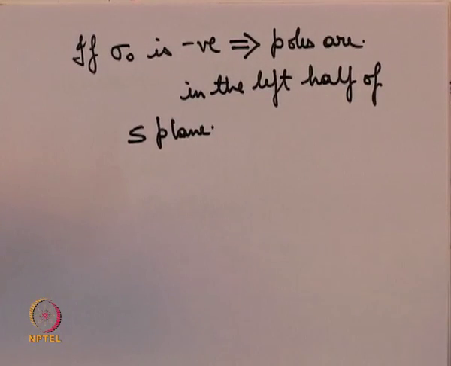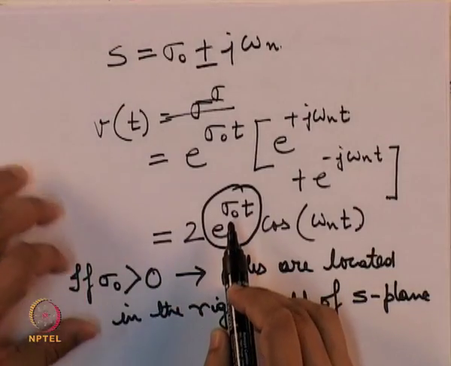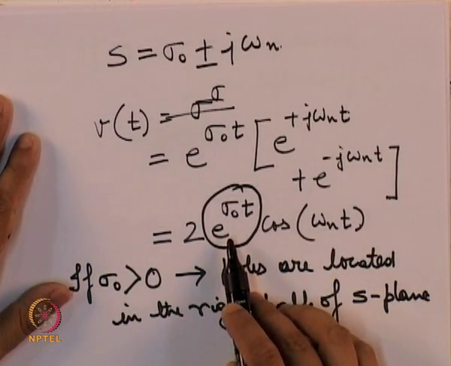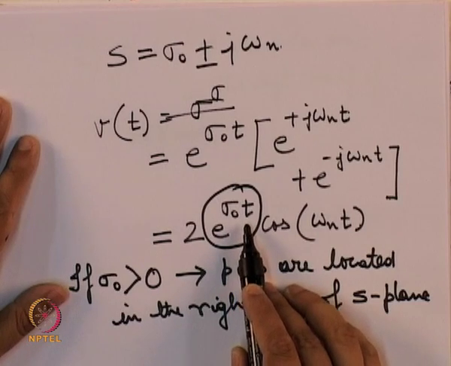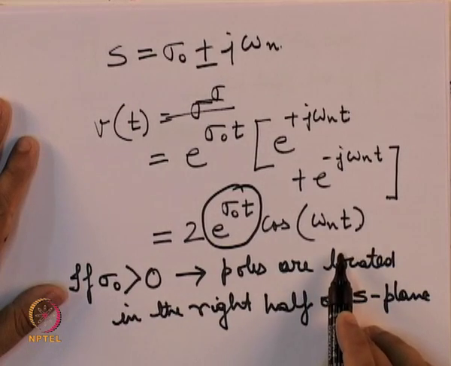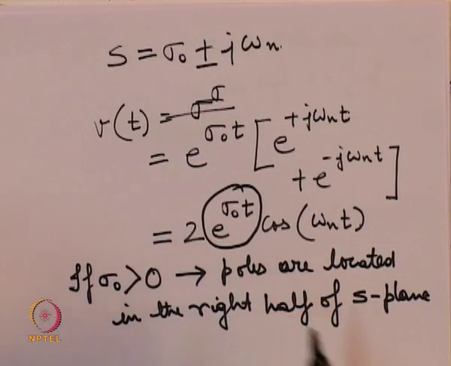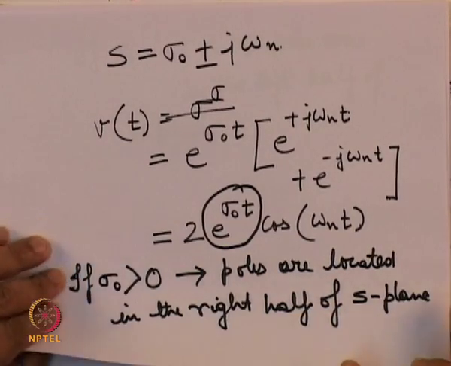From the equation that we derived earlier, as time increases, this response will decay, and finally for a very large time interval the output will be negligible, not 0, but negligible.